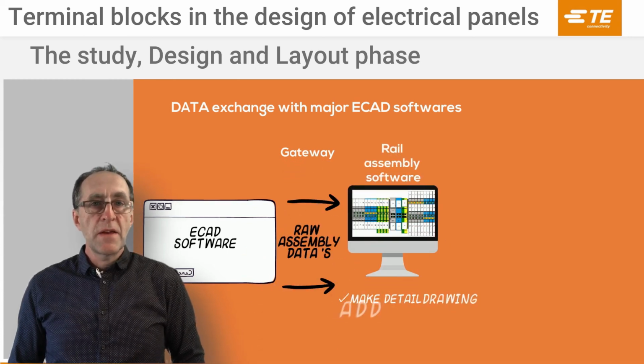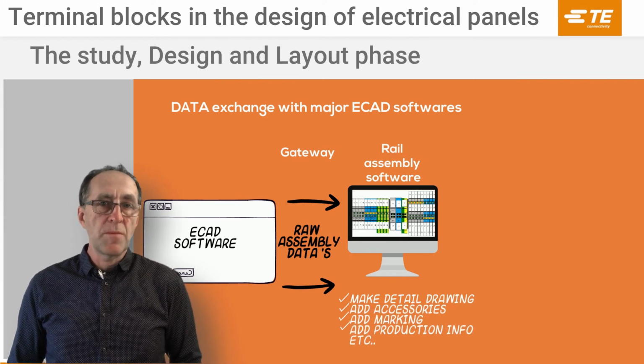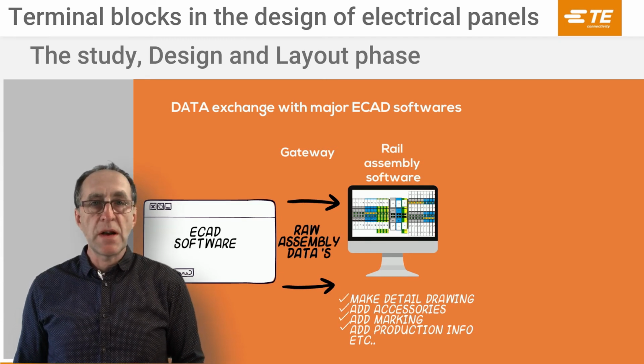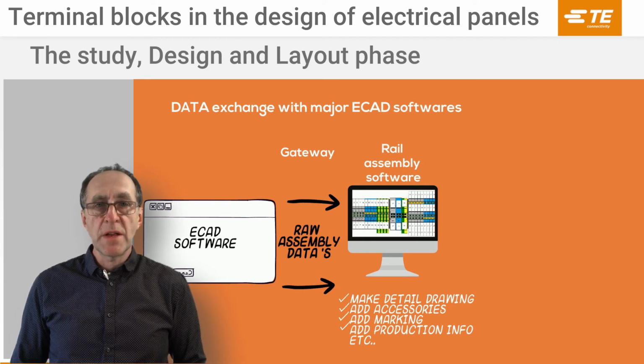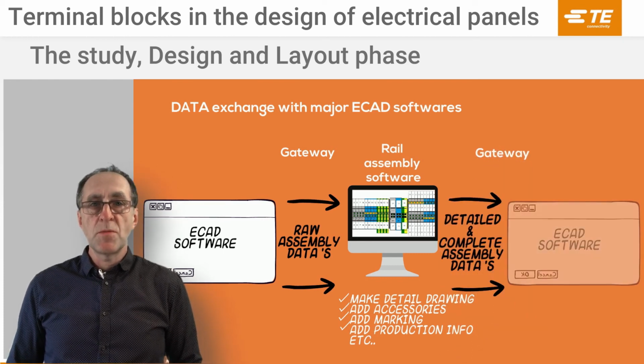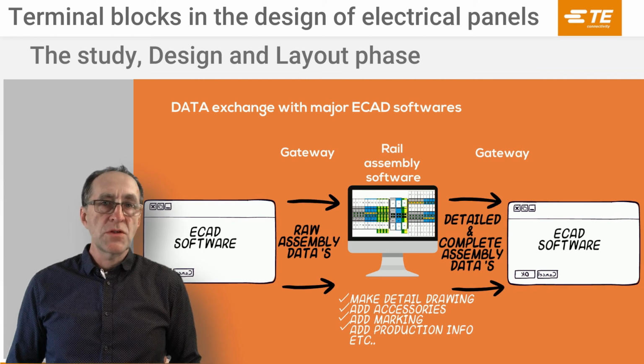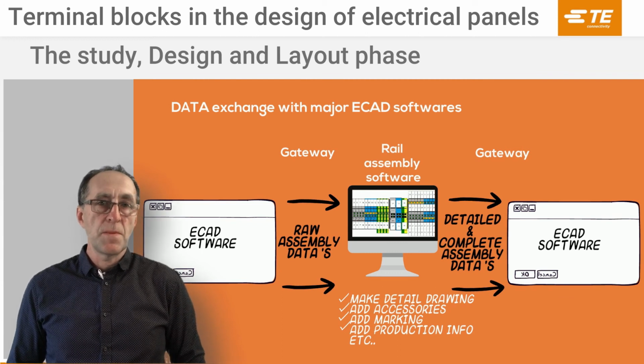Detail can then be added to the drawing using compatible accessories and drilling plans, and any correction can be made. Once this step is finalized, the corrected bill of material can be re-imported into the CAD to supplement the project main bill of material. At the same time, the user can retrieve the complete technical file for the tower block assembly with its drawing and bill of material.